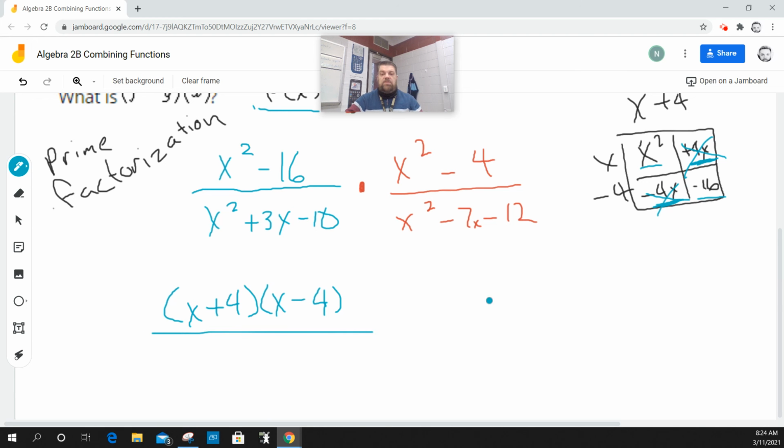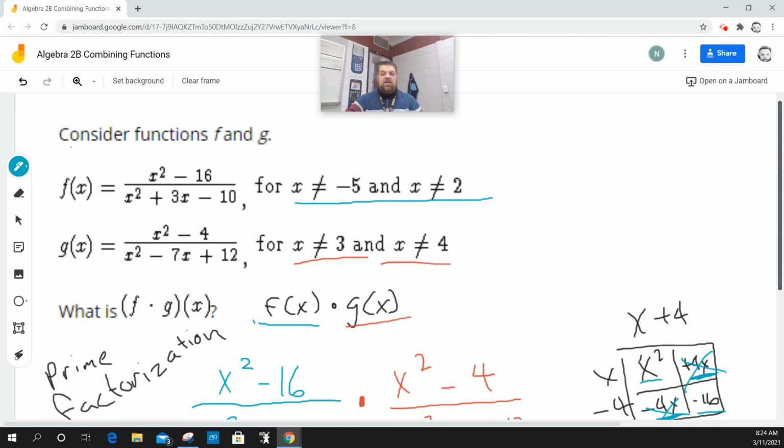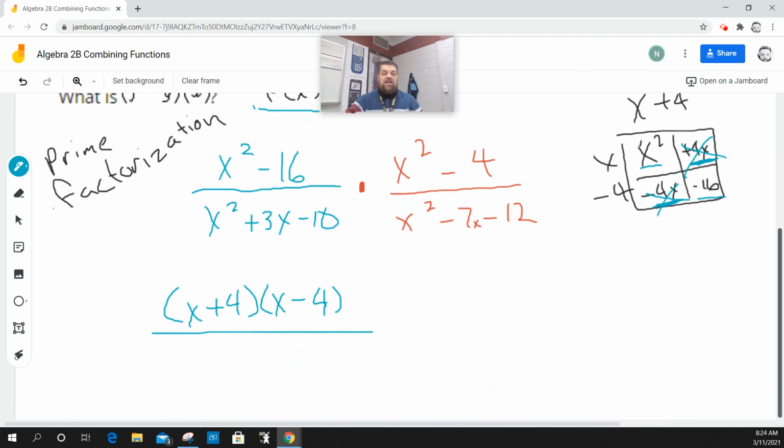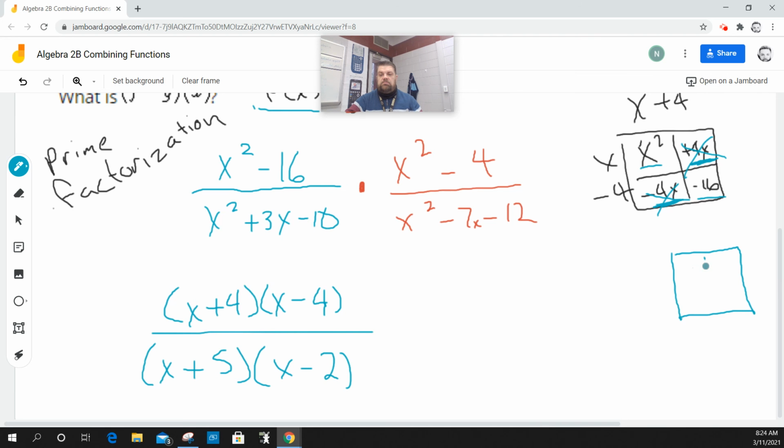Now on the bottom, I already know, but we can double check it. It's going to be the opposite of negative 5 and negative 2. It's going to be 5 and negative 2. In other words, this is going to be x plus 5 and x minus 2. So if I were to multiply this out over here on the side, x plus 5 and x minus 2, I get x squared, positive 5x, a negative 2x, and then negative 10.